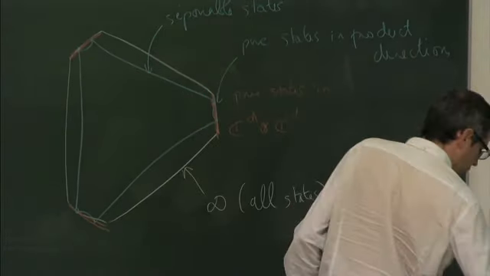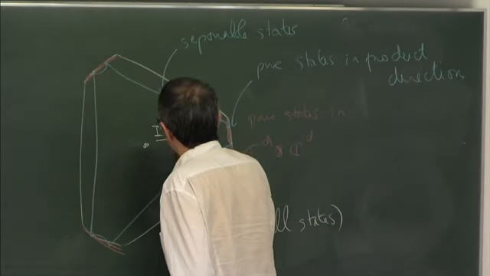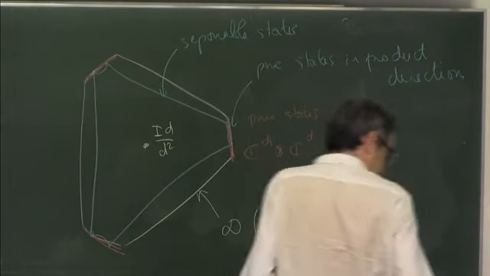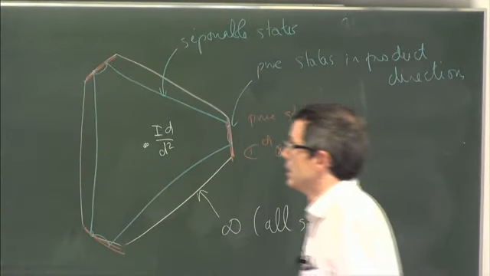And here in between there is the state identity over d squared, which is the centroid of this set and which is the maximally mixed state.